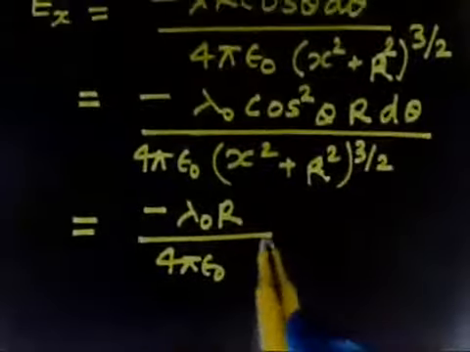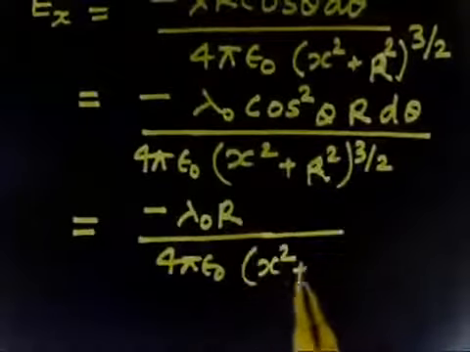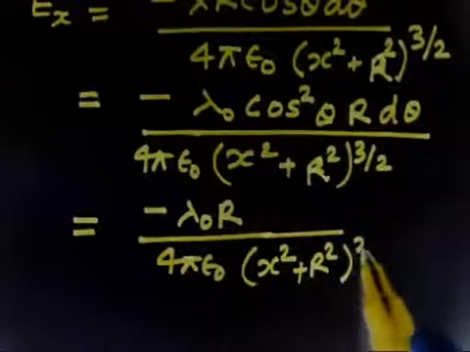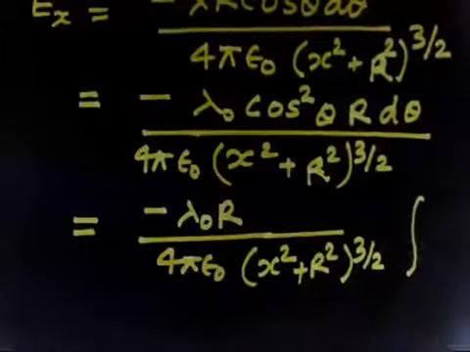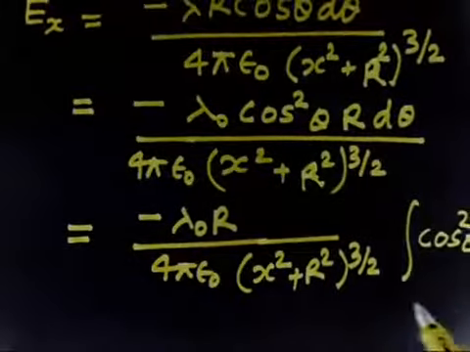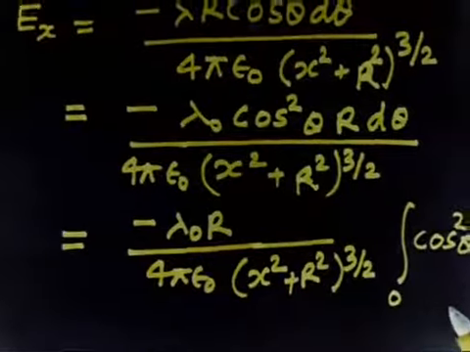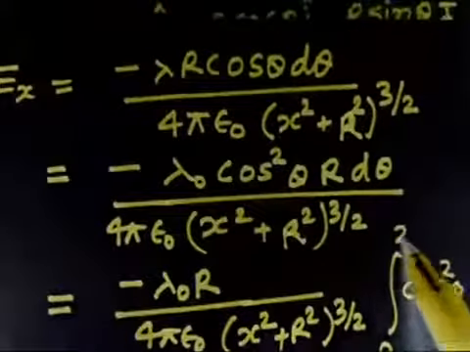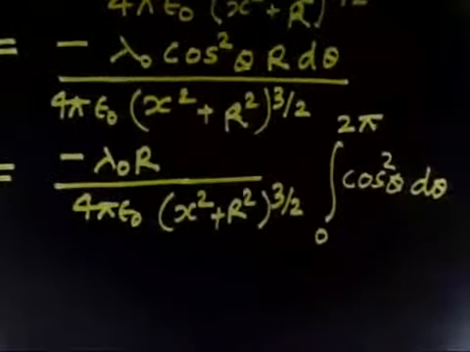So we will have x square plus r square raised to the power 3 by 2, and then integration of cos square theta d theta, and this will go from 0 to 2 pi, because if I cover this ring I have to integrate from 0 to 2 pi. So let us copy this one.